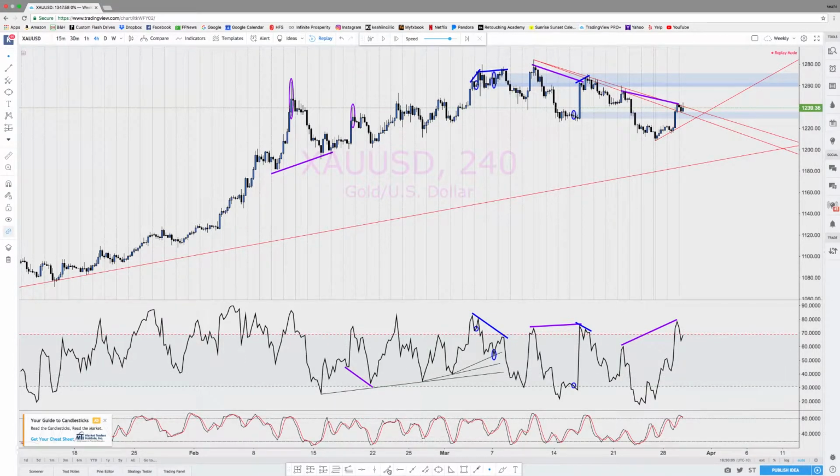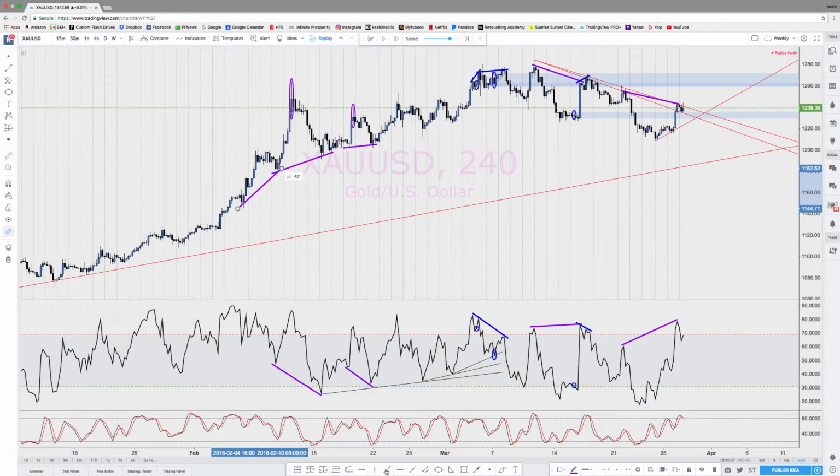Okay, we have some more a little farther back. Let me mark this divergence out there. Put this back here. And again, since this run is bullish, I'm looking for a bullish divergence. I see one right here. Right there, bullish divergence.